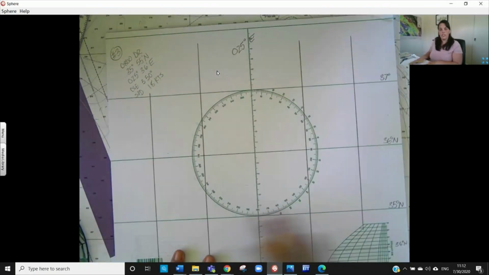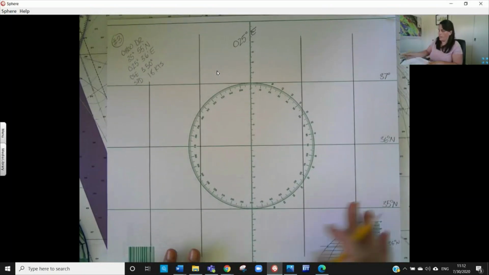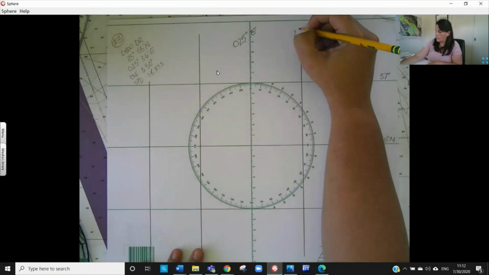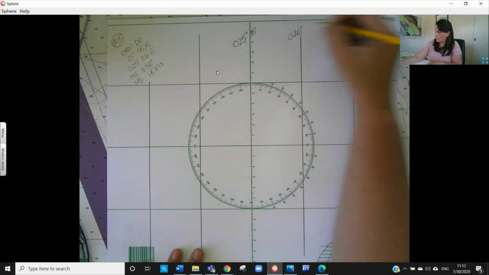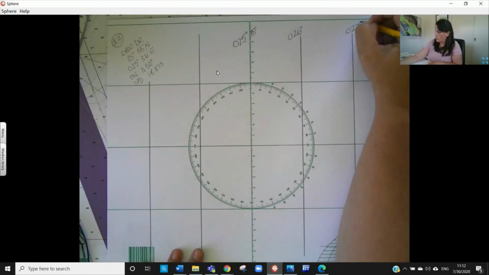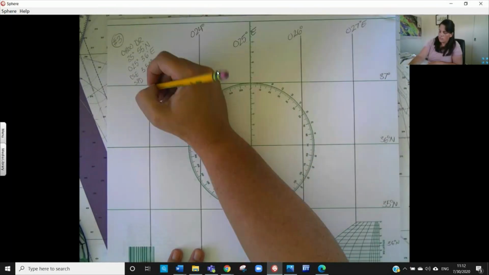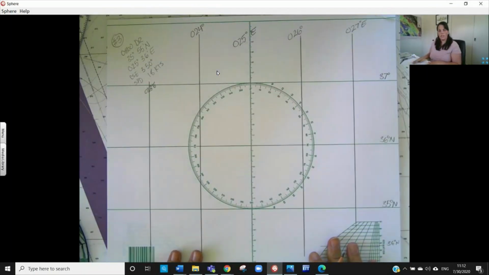Now I have my longitude lines, I need to label them. So we have 25 east, so that makes this... we have our longitude lines and our latitude lines set.